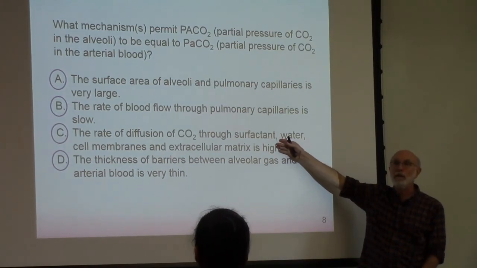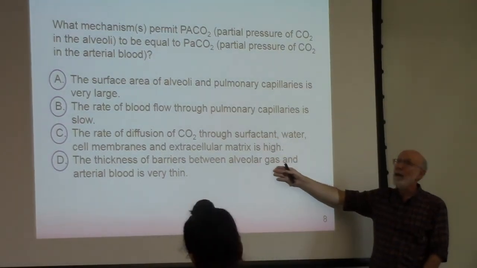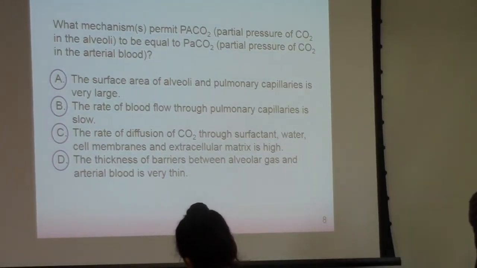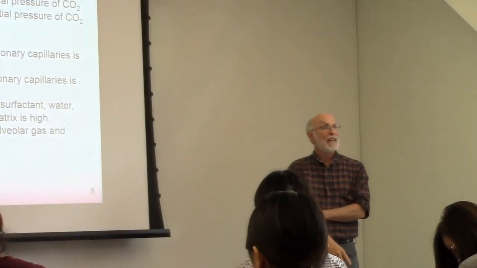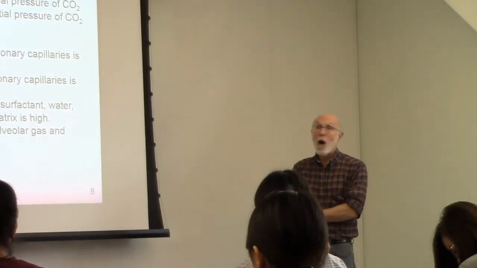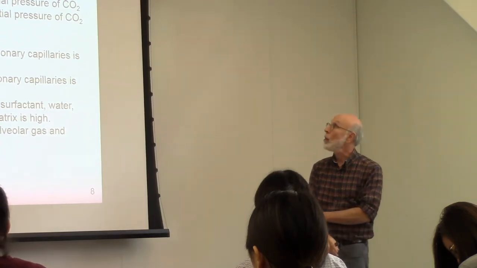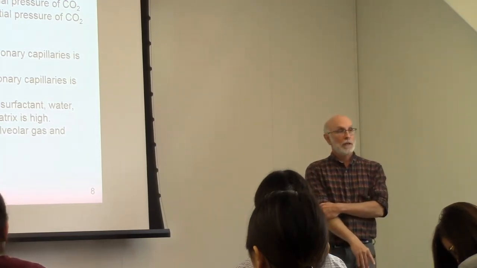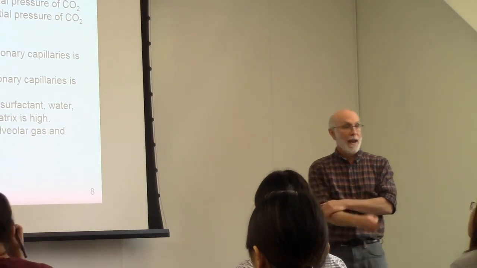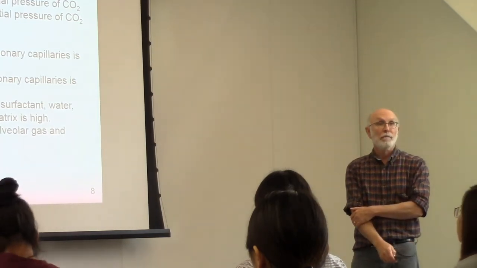CO2 diffuses through all of those things very well. And the thicknesses I've taught about are all extremely thin, so diffusion is high. So all of these mechanisms are important for allowing equilibration of CO2 between the alveoli and the arterial blood.